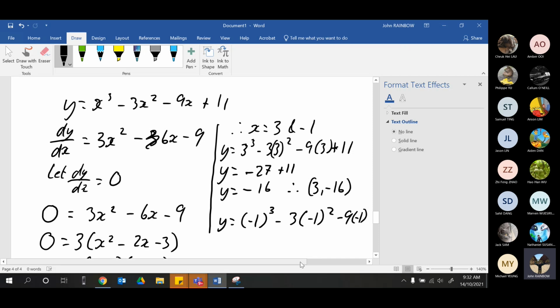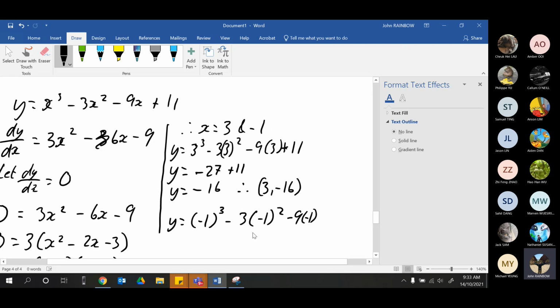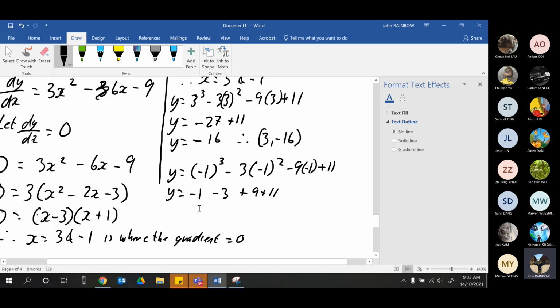Just ran out of room, I'll just move across a bit. Plus 11. So I've got y equals -1 cubed, that's going to be -1, minus 1, and then -9 times -1 is plus 9, plus 11. What do we got here? We've got 20 minus 4 is 16.